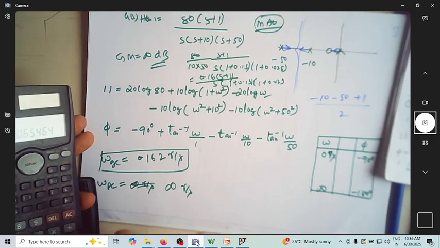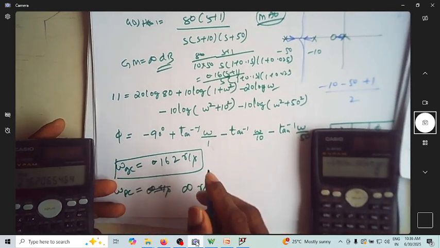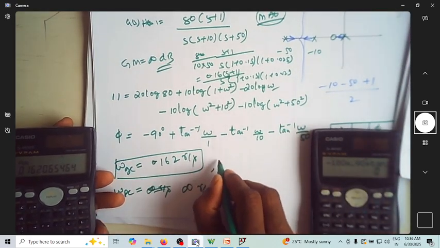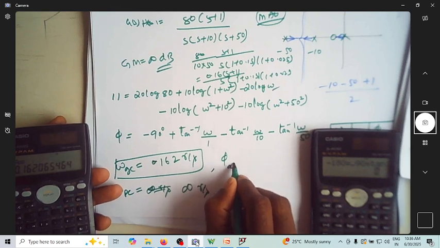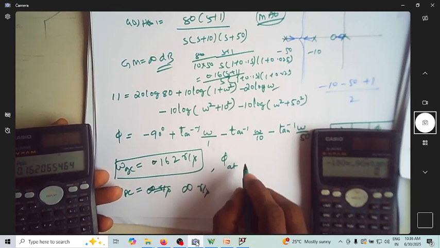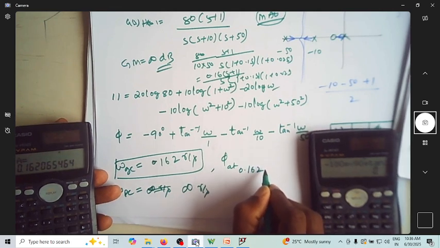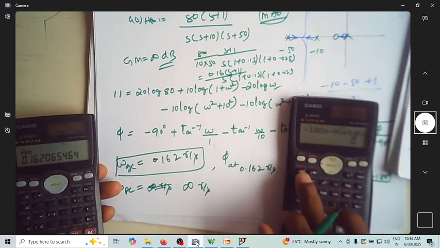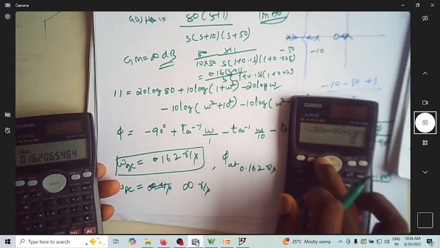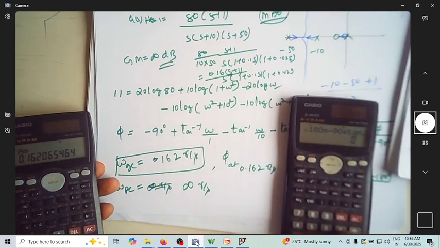Omega PC is without using calci. So now I have to find the phase at omega GC, that is 0.162 radian per second. What I'll do here is take out this alpha equals minus 180 degrees.